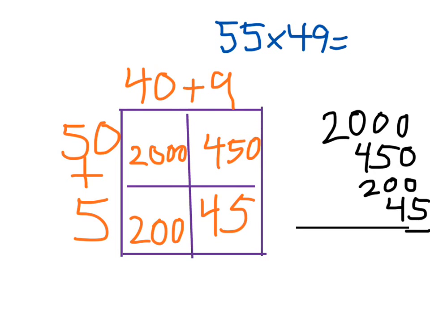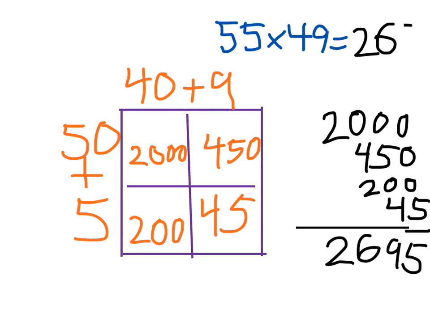Oh, I need to put it like that. And 0 plus 0 plus 0 plus 5 is 5, and that will be 9. And 4 plus 2 is 6. So, and you just put the 2. So the answer will be 2,695.